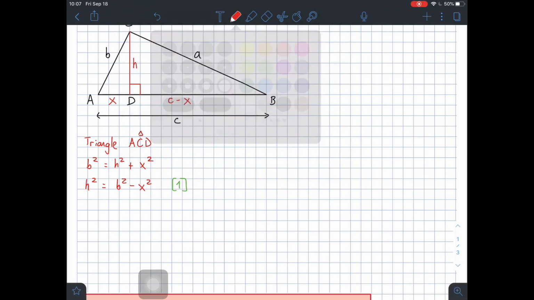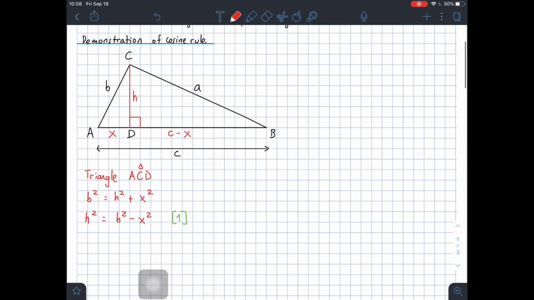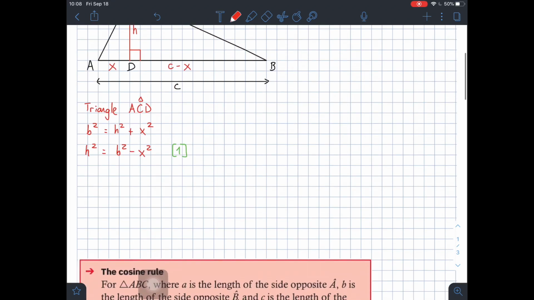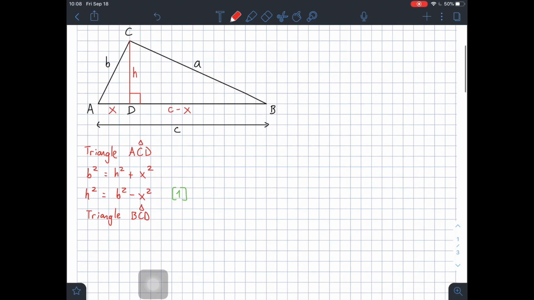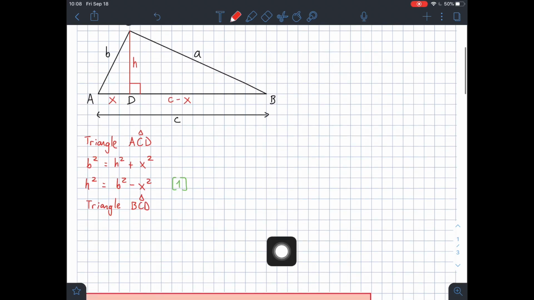Then I'm going to look at triangle BCD, the other right angle triangle that is formed here, right? And we're going to say that for this triangle, a is our hypotenuse. So I'm going to apply the Pythagorean theorem again, and I'm going to say that a squared is equal to h squared plus (c minus x) squared, okay?